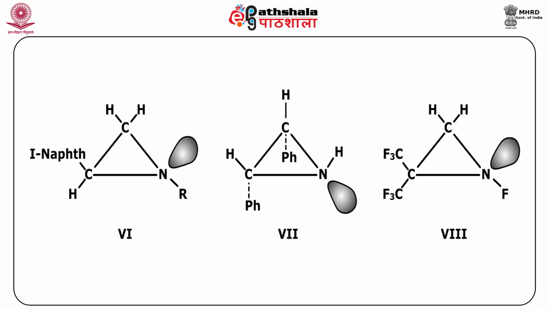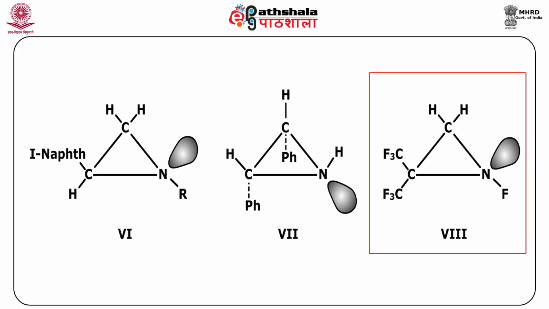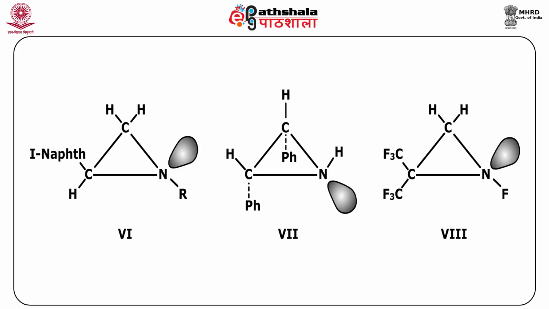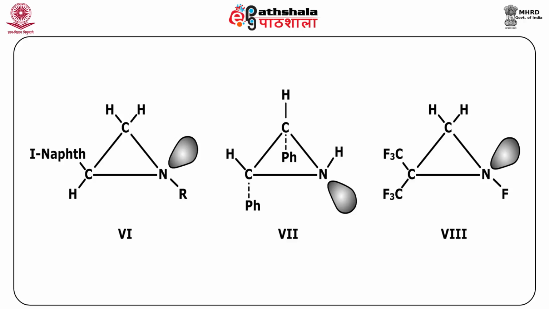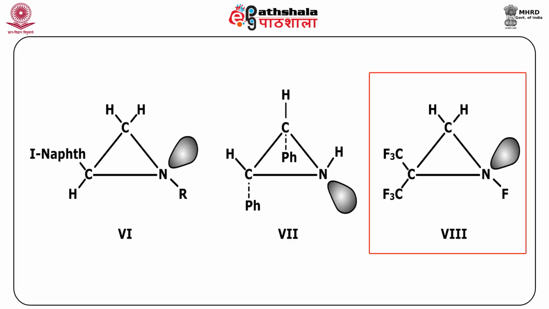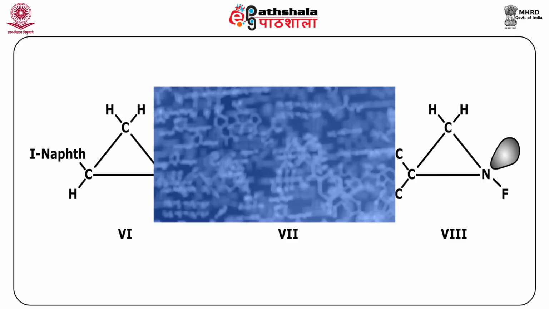Now, substitution of nitrogen by halogen increases the barrier to nitrogen inversion, and thus 1-fluoro-2,2-bis(trifluoromethyl)aziridine, which is structure 8 as you can see here, does not invert even at 190 degrees centigrade and exists in its most stable conformation.